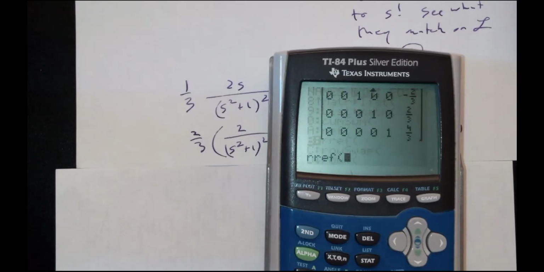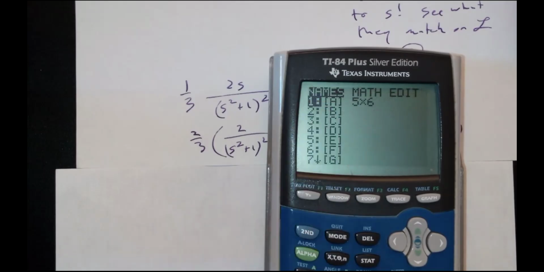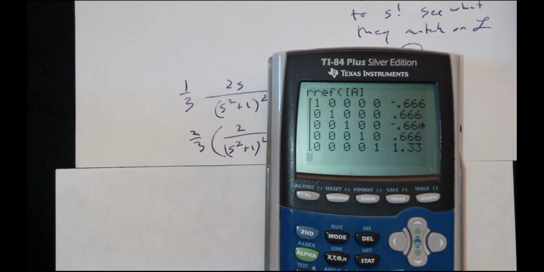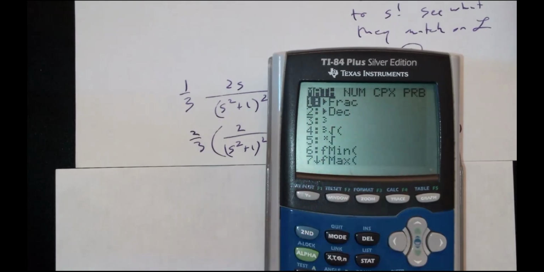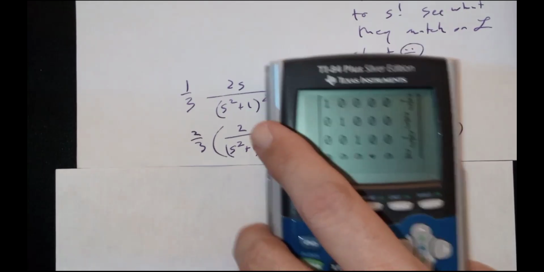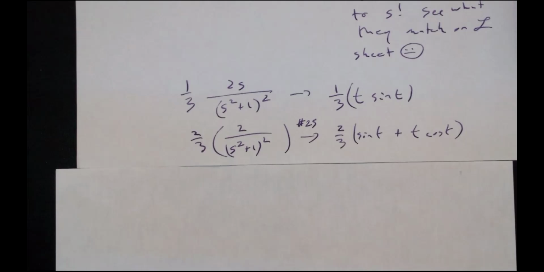Hit enter. Yep. And then tell it what matrix you want to use. So go back to the matrix button and tell it we're going to use matrix A. Now the problem with that one is it gives me all the decimals. So I told it using the math button to convert everything to fractions. But that's because I like fractions. I'm going to need some more linear algebra stuff in the next couple of weeks.